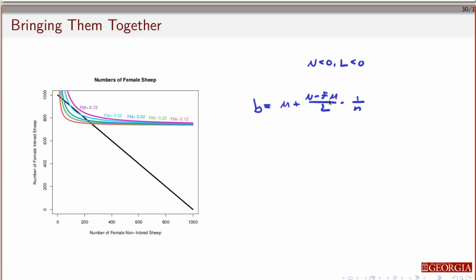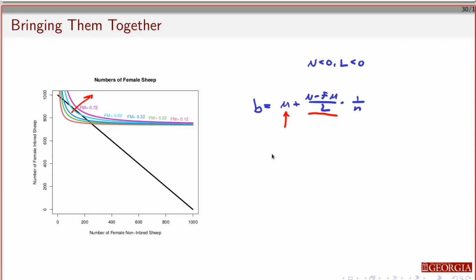So this term right here is going to be negative over negative, which is positive. And as you increase Fm, you're making the whole thing bigger. And so you're going to be pushing these solutions up. You're basically stretching them up.